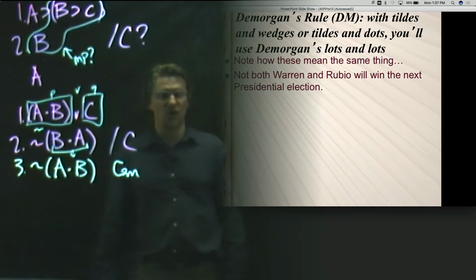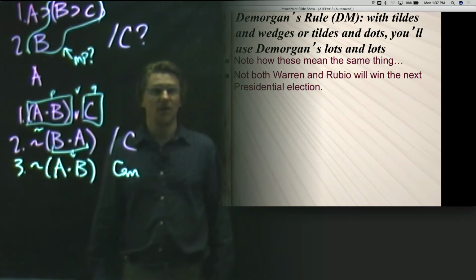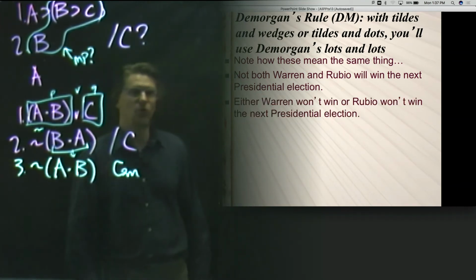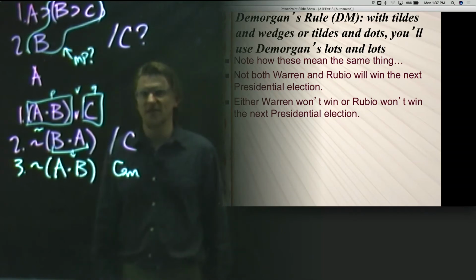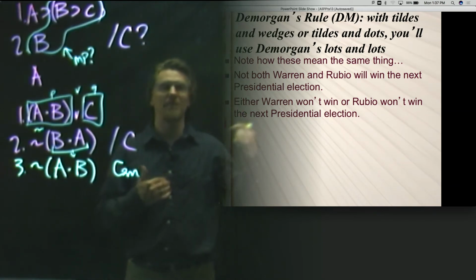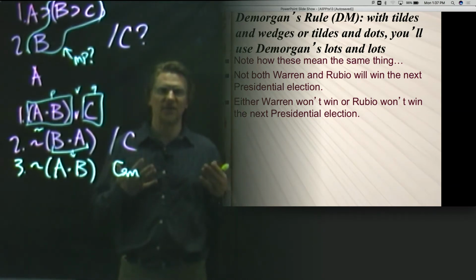We only have one winner of a presidential election. To say that not both Warren and Rubio will win means the same thing as either Warren won't win or Rubio won't win the next presidential election. If you reflect on the meaning in each case, they mean the same thing.